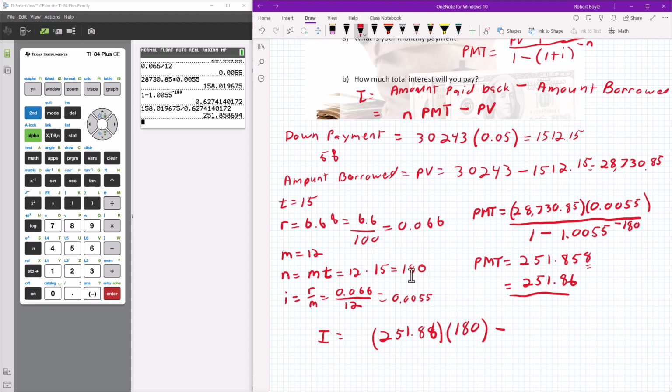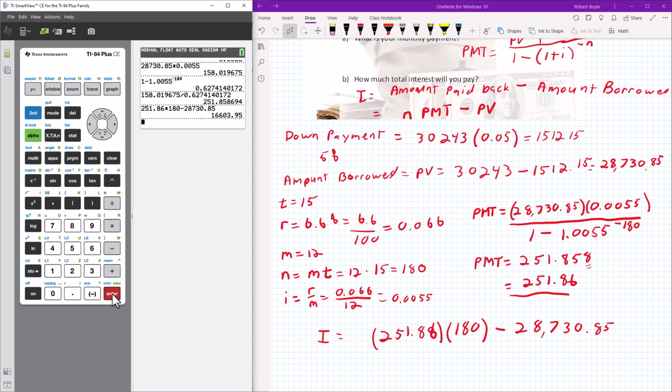The amount that you borrowed is $28,730.85. So now we just need to compute that. Here we will have 251.86 times 180 minus 28730.85.